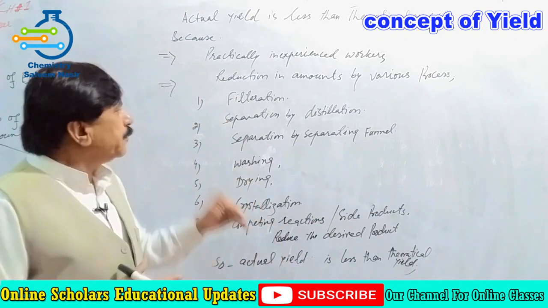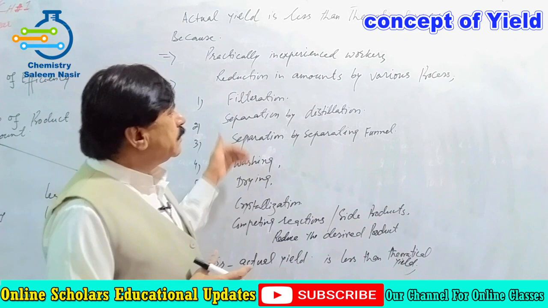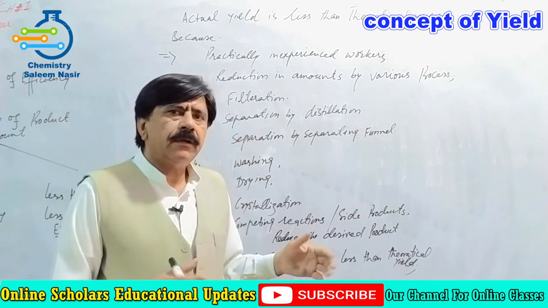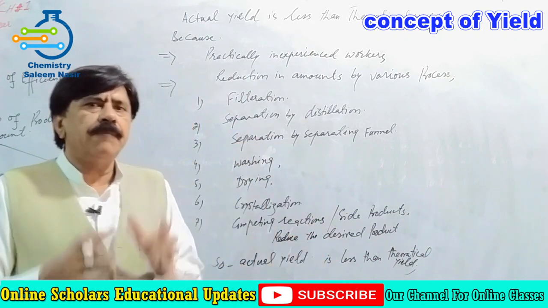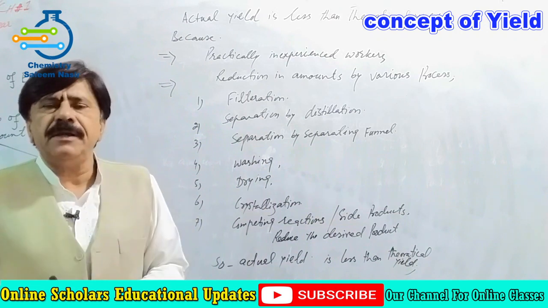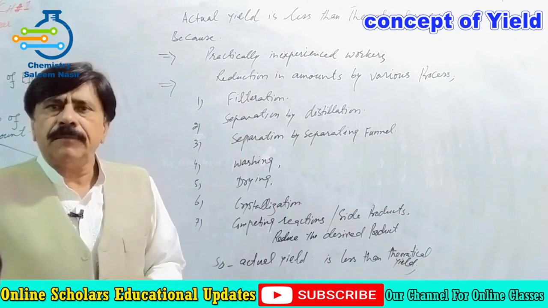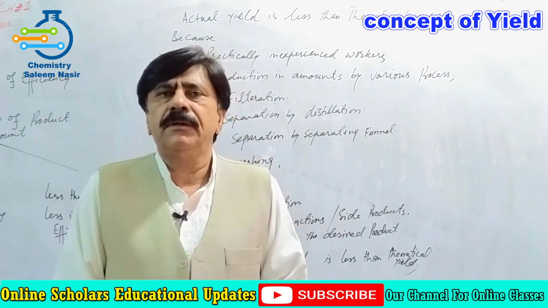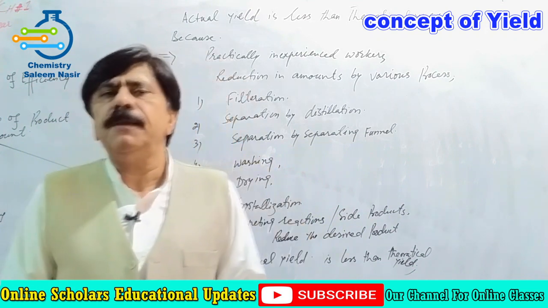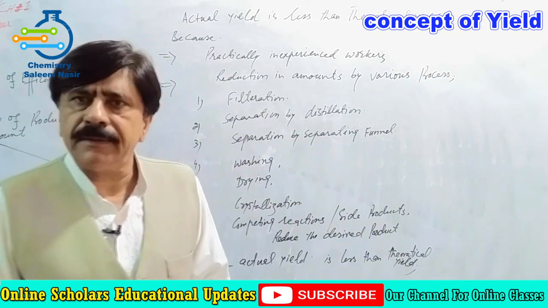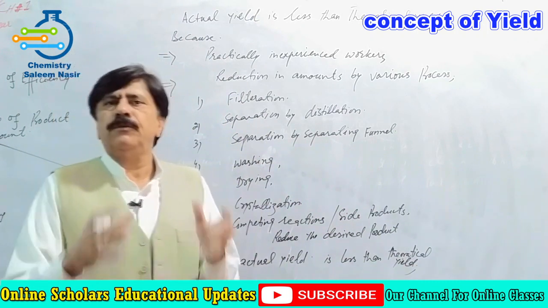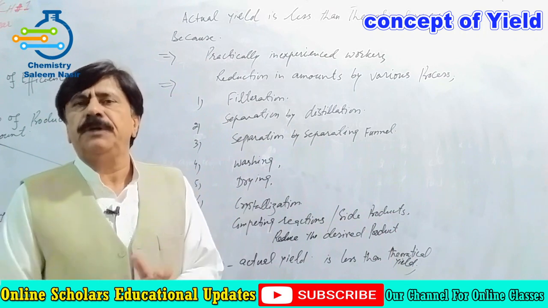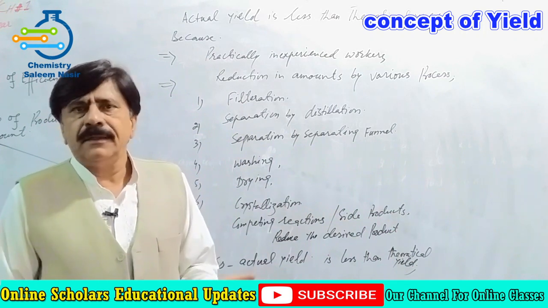Then another process is separation by distillation, where we separate the reacting material or the products. During distillation, wastage of the material may be expected, and due to that the amount of the product becomes less.